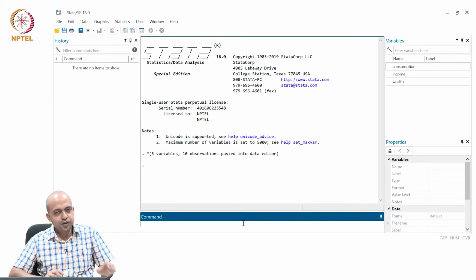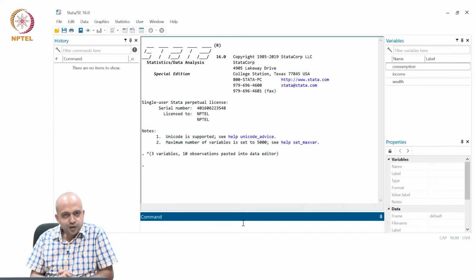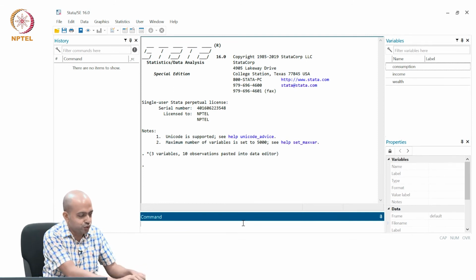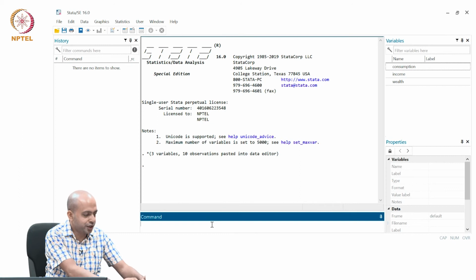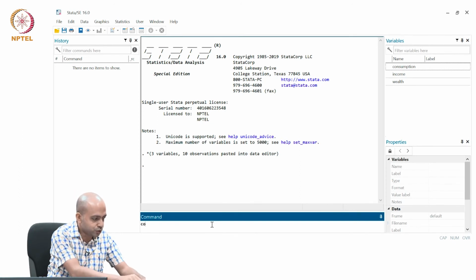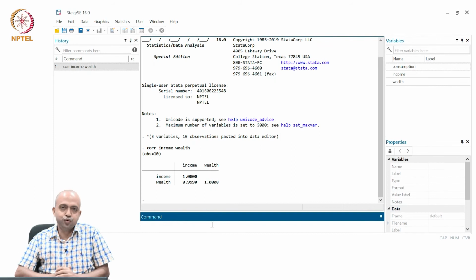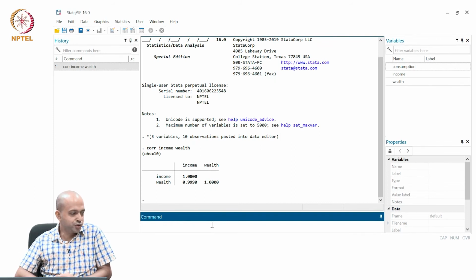And what I said, if you remember, when you import the data before estimating the model applying regression, what you actually do immediately after incorporating the data, you just look at the pairwise correlation. And what is the command? This is corr, then income and then wealth. Now, look at the intercorrelation.